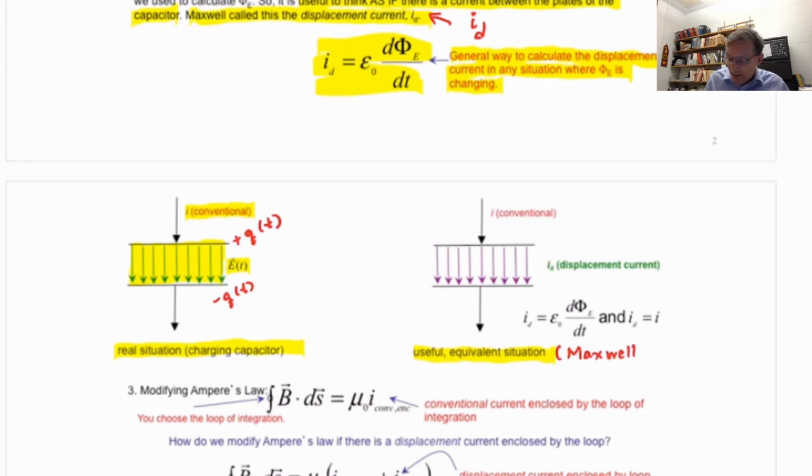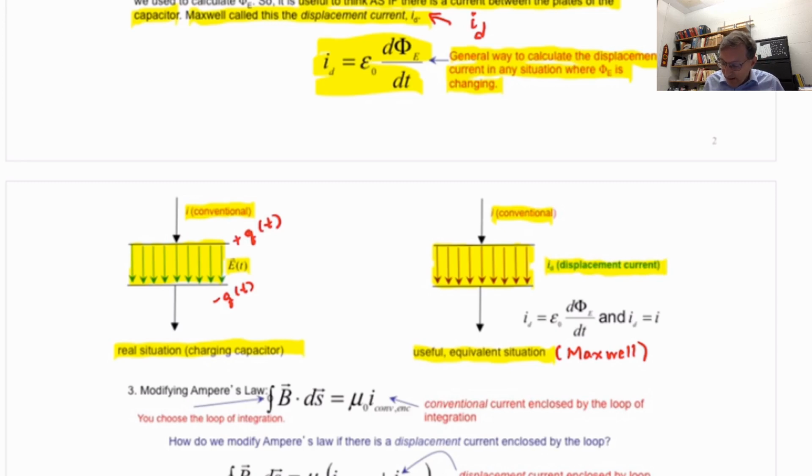He said, well, think about it as if you've got the two plates of the capacitor, with the conventional current coming down in the top wire and going away in the bottom wire. You've got the top plate and the bottom plate. But then what you've got in the region between the plates is a nice uniform distribution of displacement current, I_D.